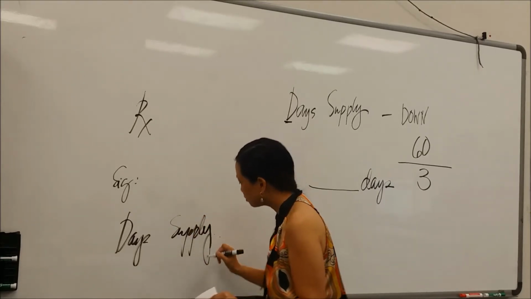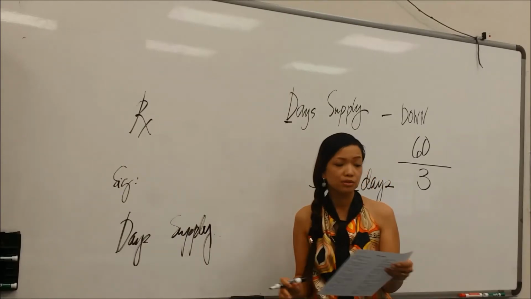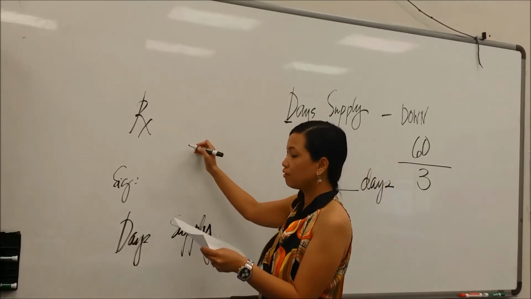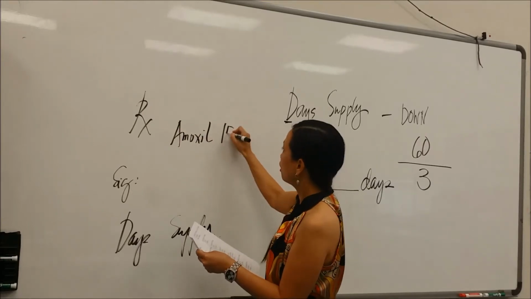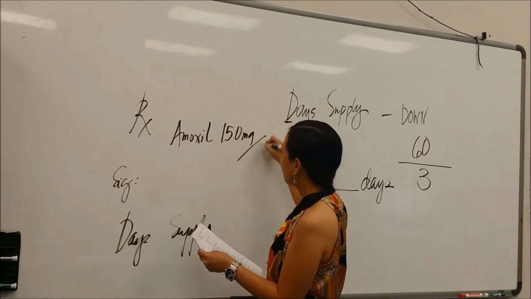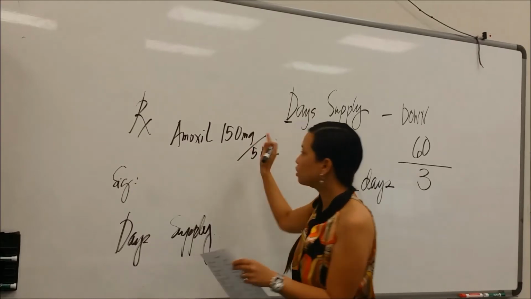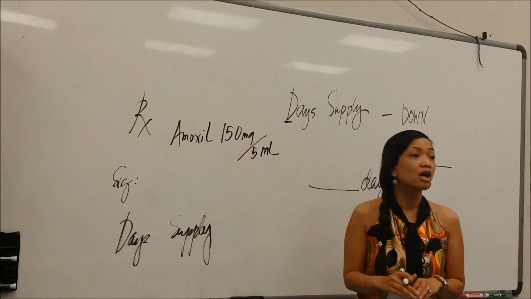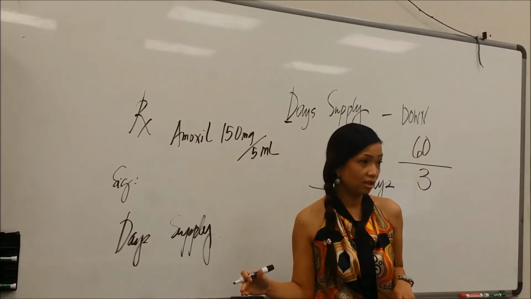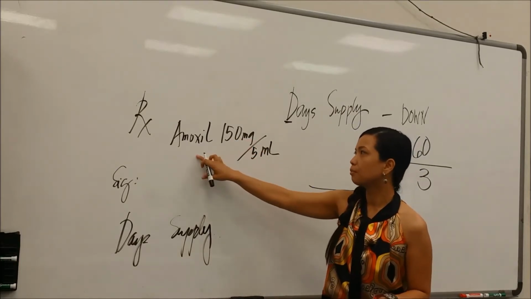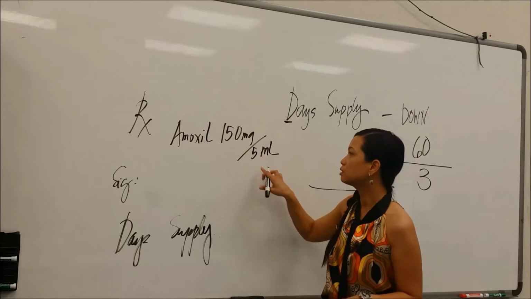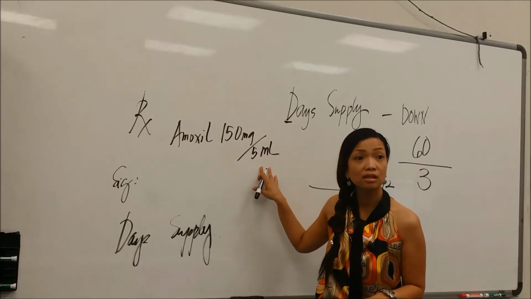It's not quantity to be dispensed. But it is possible to do the computation even if it's in liquid form. So we'll still use Amoxil, 150 milligrams per 5 ml. Once you see a slash, it's either combination drugs, or, like in this example, 150 milligrams per 5 ml, it means it's in liquid form.